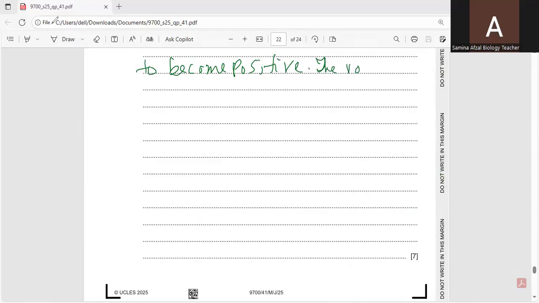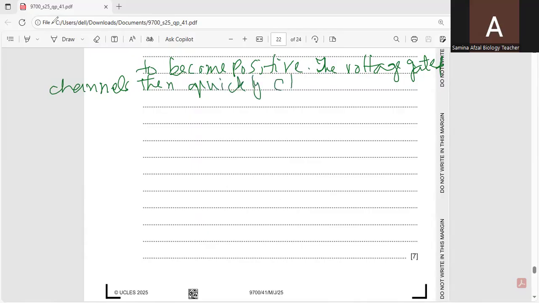The voltage gated channels then quickly close.